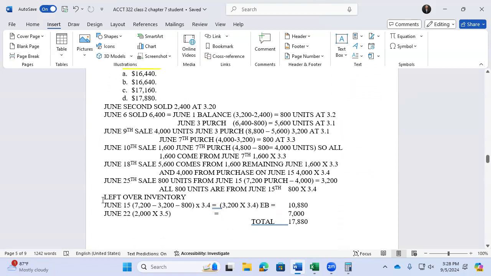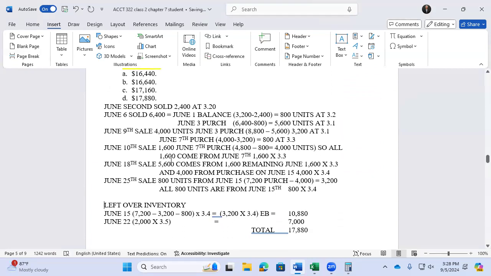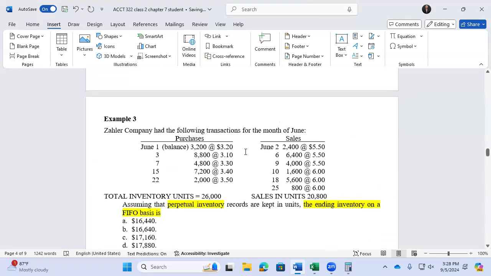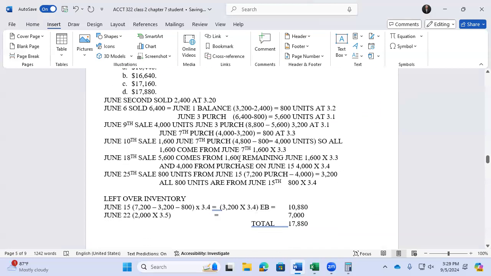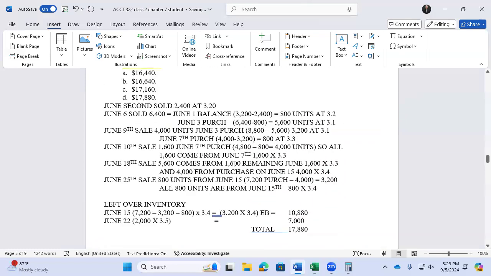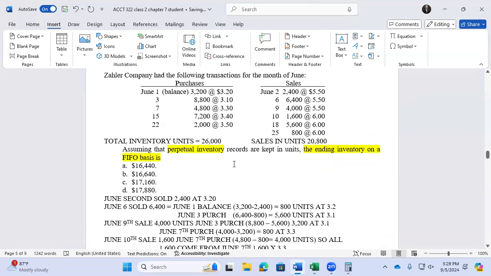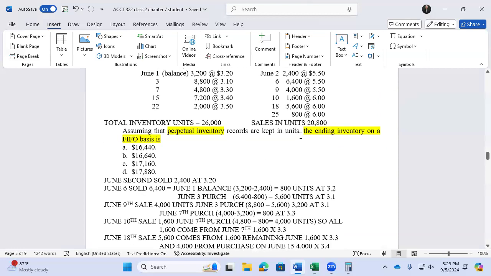So I carried the June 2nd sale with the June 1st purchase, 800 left after the purchase. And then I just kept doing that because I kept thinking you can't sell what you don't have, right? So mine is different.